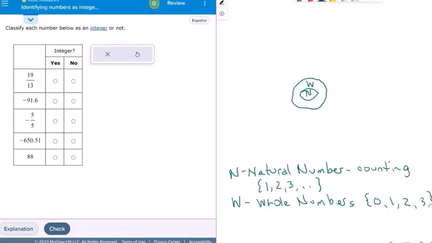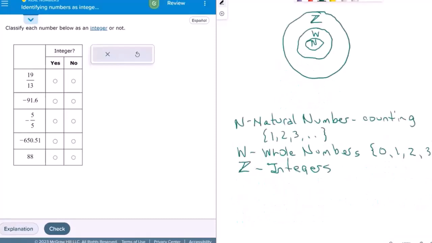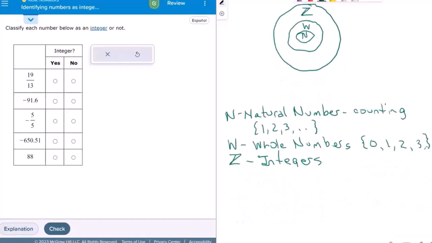Now, integers are outside of that. So if I draw another circle out here, we use the symbol that looks like a Z. Integers, notice again, they're outside of what we have.